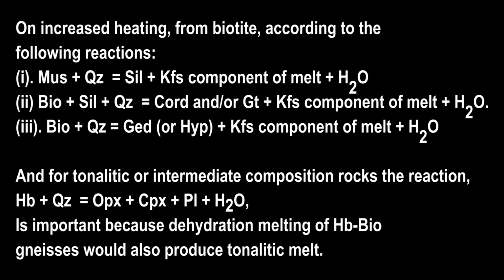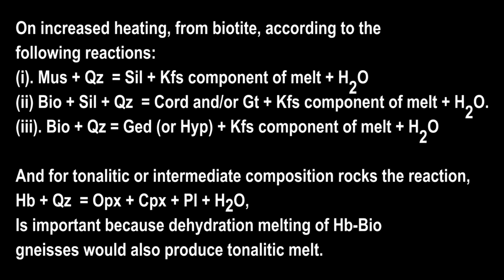Potash feldspar component in the melt will be derived from the muscovite and later, on increased heating, from biotite according to the following reactions. The first reaction is muscovite plus quartz gives rise to sillimanite plus potash feldspar plus water. Second reaction, biotite plus sillimanite plus quartz gives rise to cordierite and/or garnet plus potash feldspar component of melt plus water.